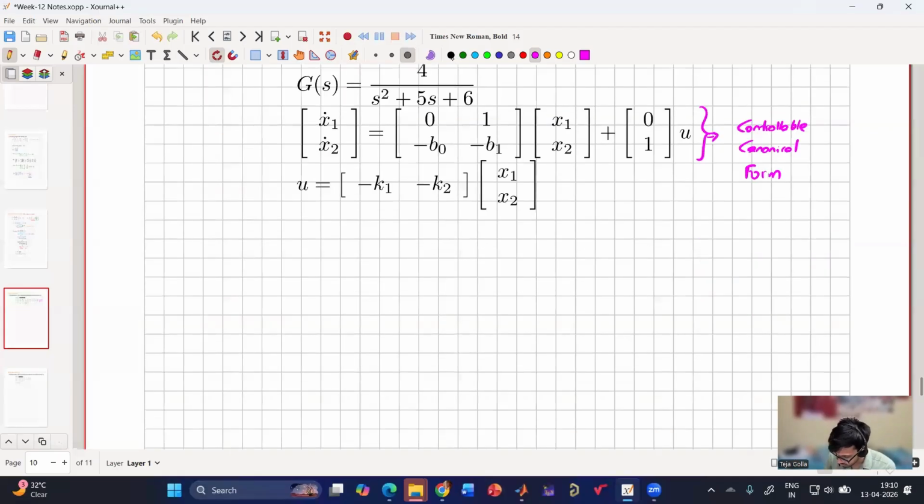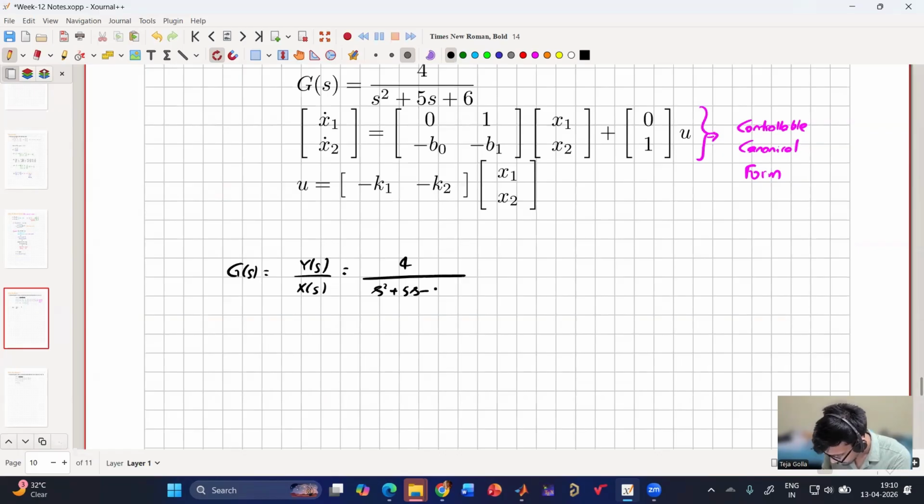G of s is y of s by u of s, say. It will make our life simpler. G of s is equal to 4 by s square plus 5s plus 6.